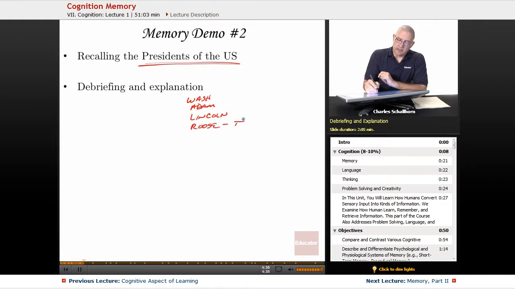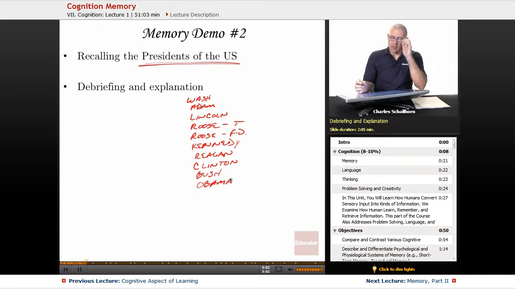A lot of people remember Roosevelt, FDR. A lot of people remember Kennedy, Reagan. They won't remember Carter or Ford, but they will then remember Clinton, Bush, and Obama.